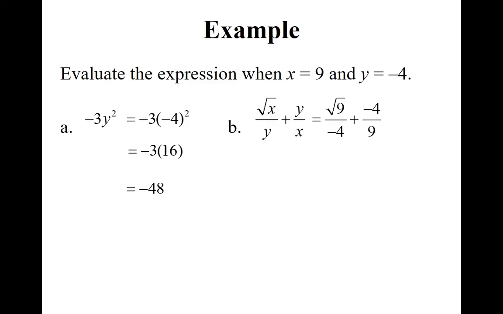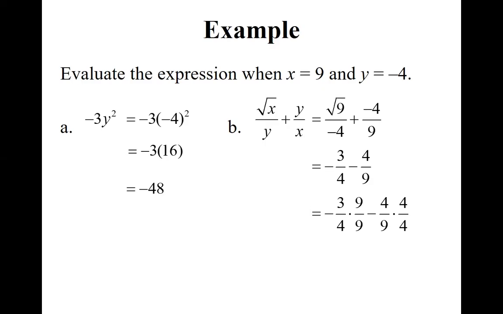We can do a little bit of simplification. Radical 9, the square root of 9 is 3 because 3 times 3 is 9. We then have negative 3/4 minus 4/9. Let's do another simplification of subtracting fractions problem. We need a common denominator. That common denominator is going to be 36.